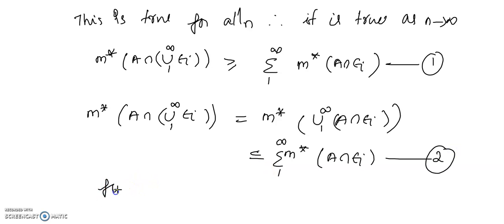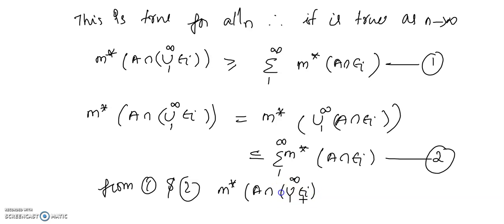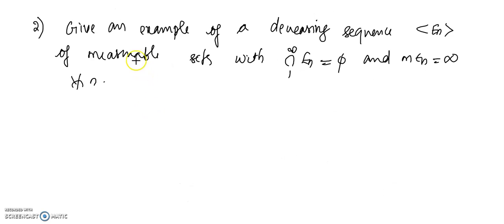So from 1 and 2, we will get n star of A intersection union 1 to infinity Ei will be equal to summation 1 to infinity n star of A intersection Ei. So that completes the problem.